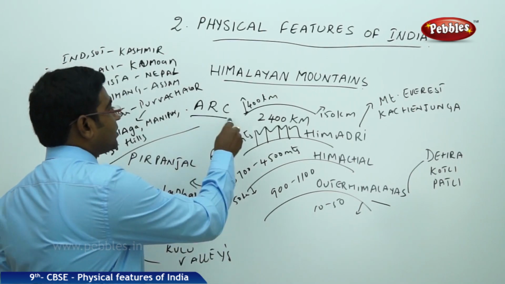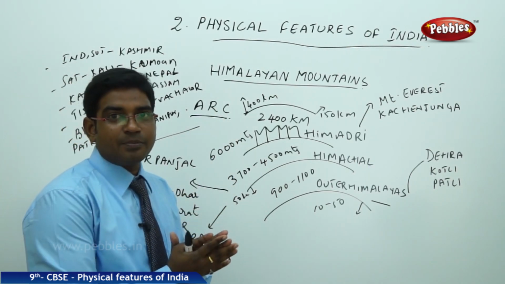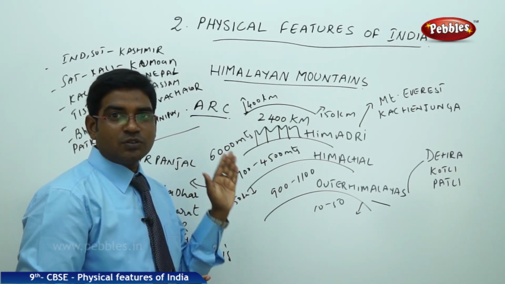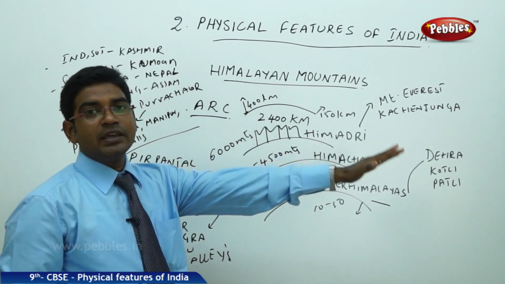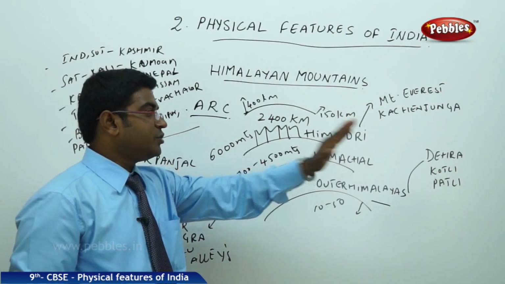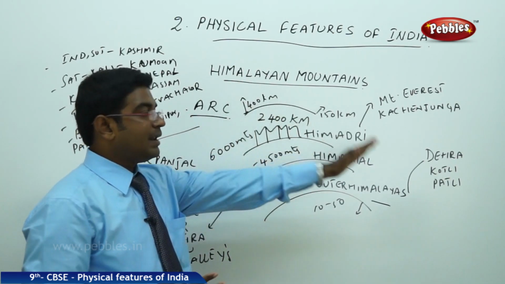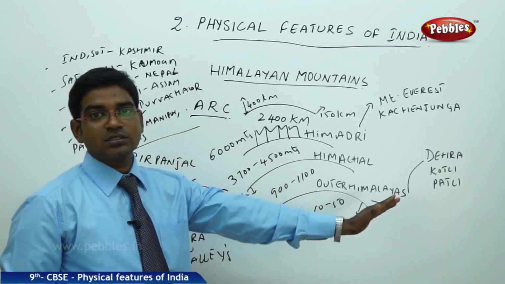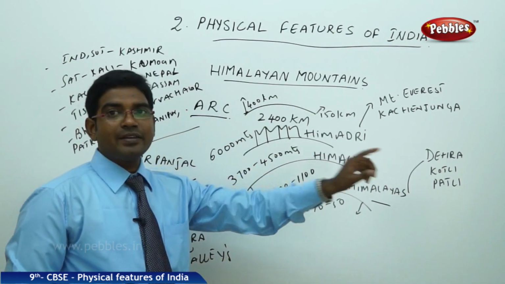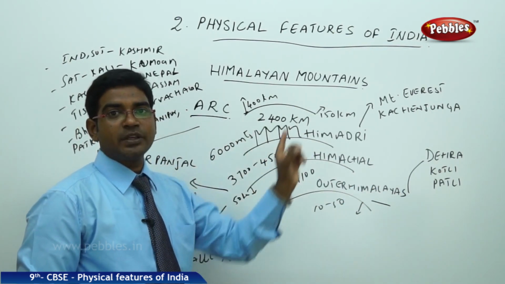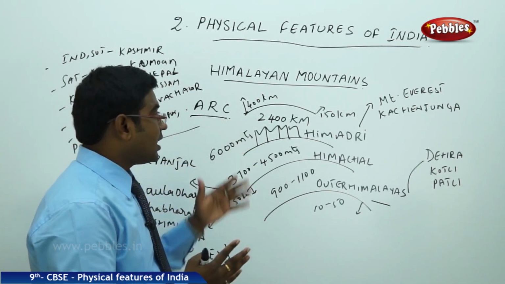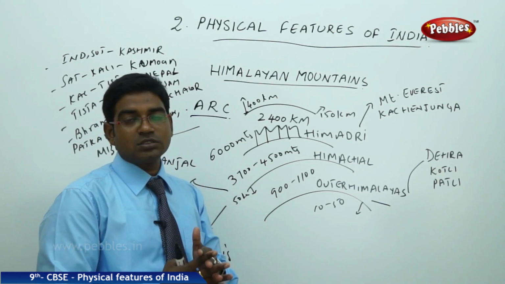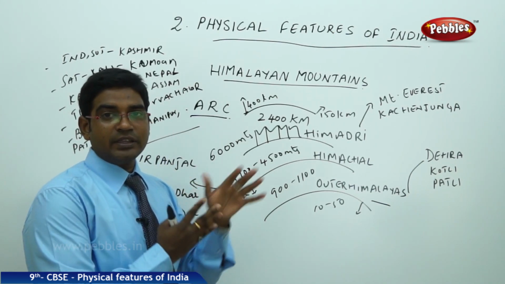The arc structure which you find on the Indian map stretches from the Jammu and Kashmir edge on the western side towards the eastern Assam region. The entire length is 2400 kilometers, from Jammu and Kashmir to the Arunachal Pradesh region. And why do we call it an arc? Because it varies in width.